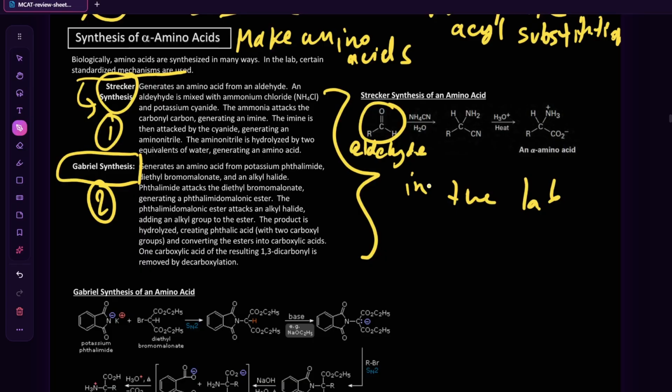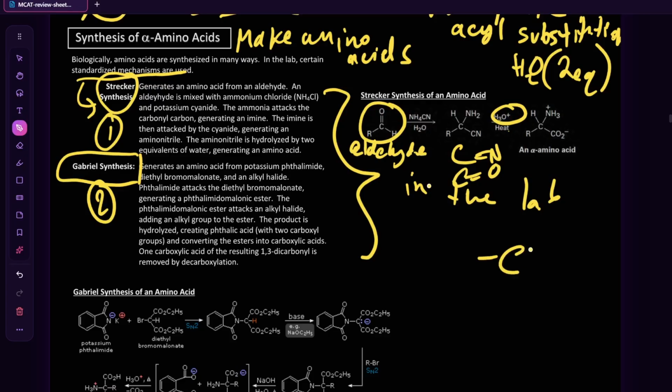That imine is then attacked by cyanide, which adds across the C=N, the same way cyanide added across the C=O bond to give the cyanohydrin. So you just swap the electrophile from a carbonyl to an imine, and you get an aminonitrile instead. Finally, hydrolyze that nitrile with 2 equivalents of water, H2O.